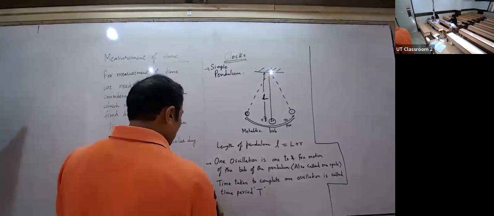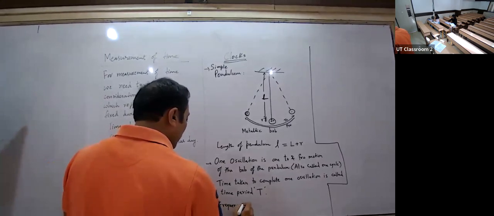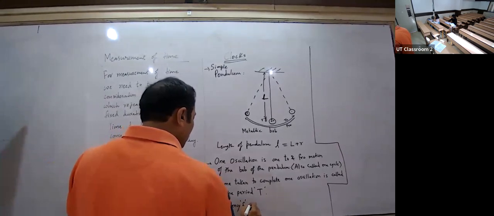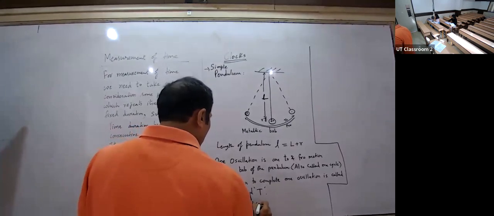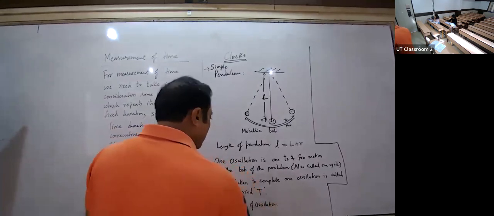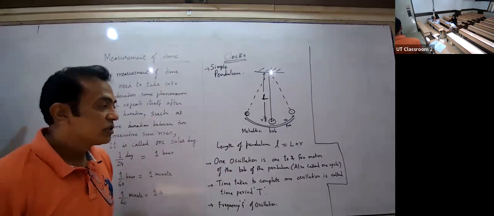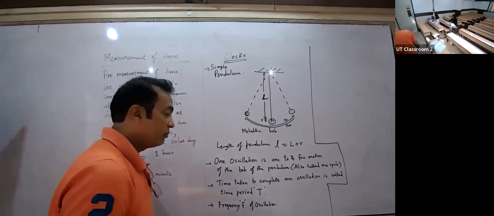Then there is something called frequency, the frequency of oscillation. It is the number of oscillations completed in unit time, or 1 second.